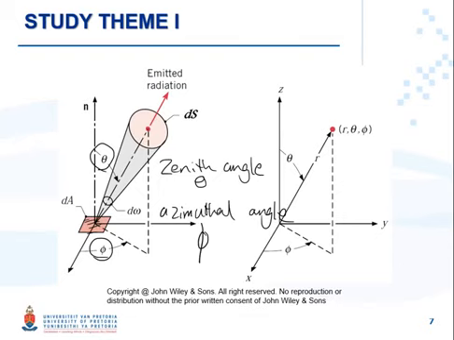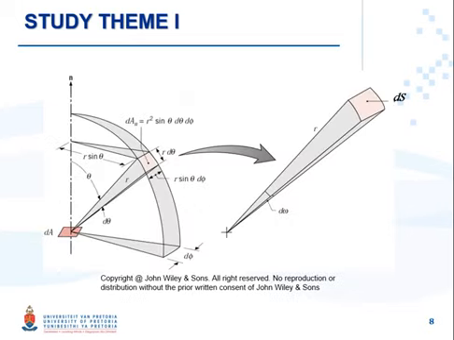So for spherical coordinates we need two angles in order to be able to specify a direction. Okay, so now we have it. So let's try to calculate the solid angle.